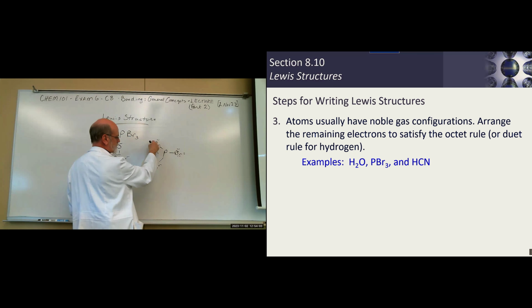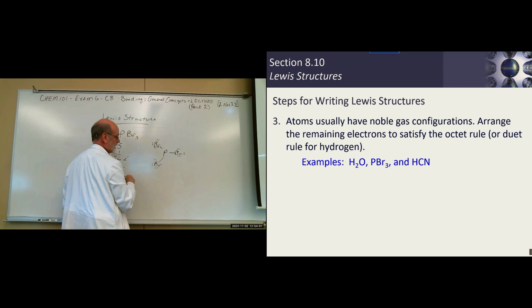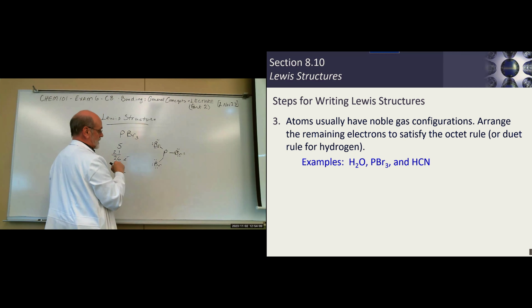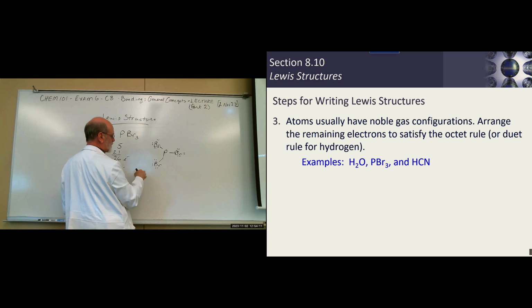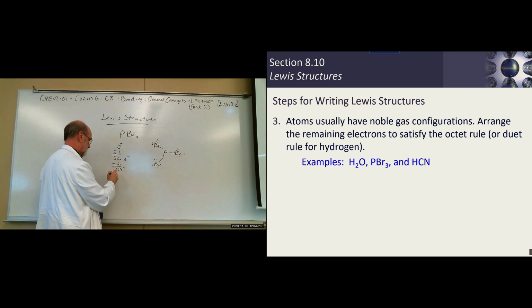And we have 2, 4, 6, 8, 2, 4, 6, 8, 2, 4, 6, 8. And so that's, we positioned what? 2, 4, 6 times 3 is 18, right? 18. So we have 2 electrons left.